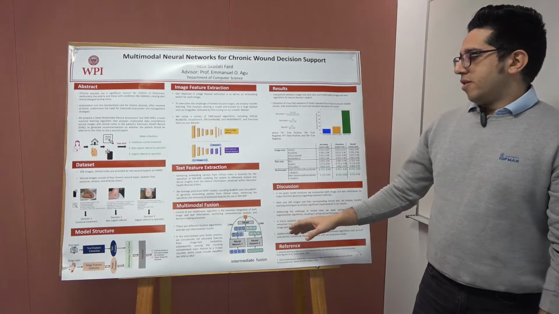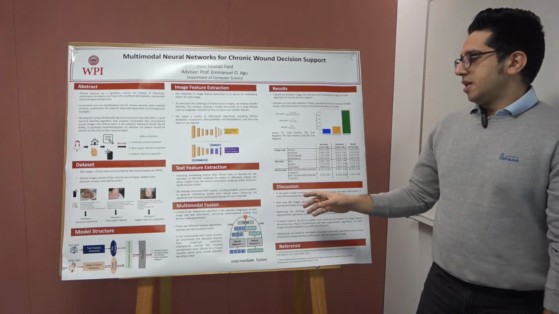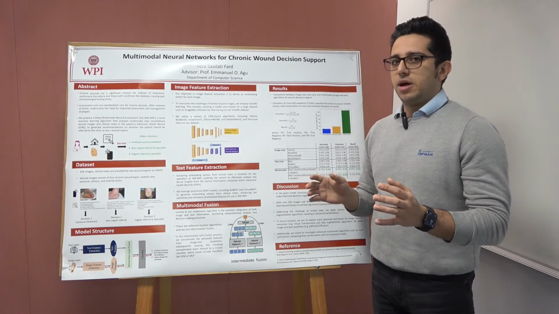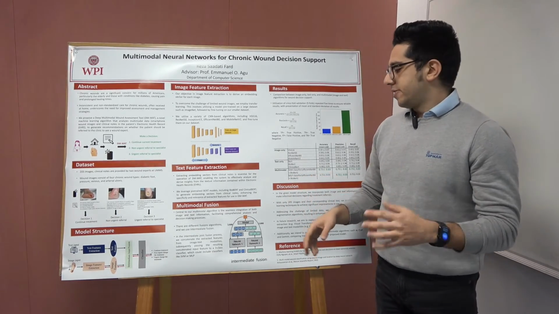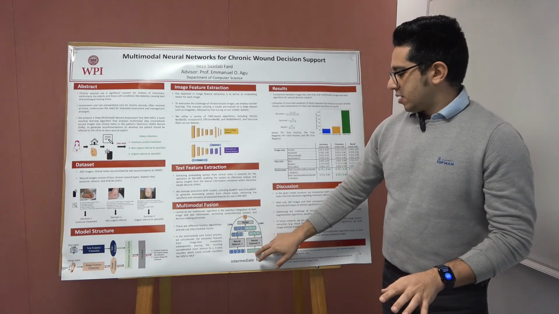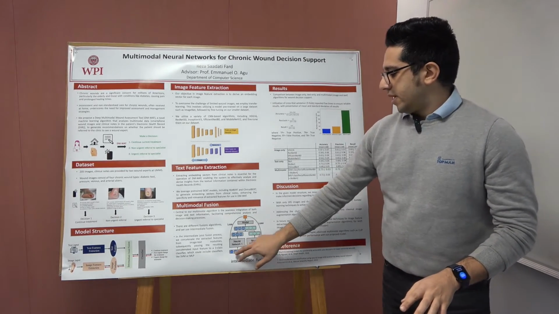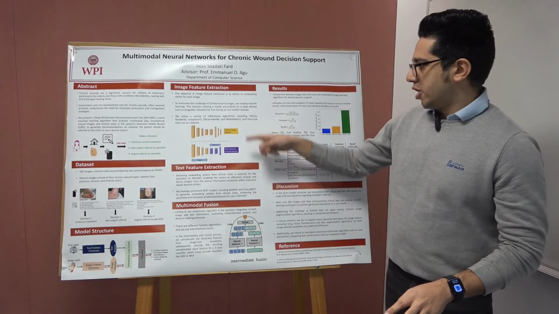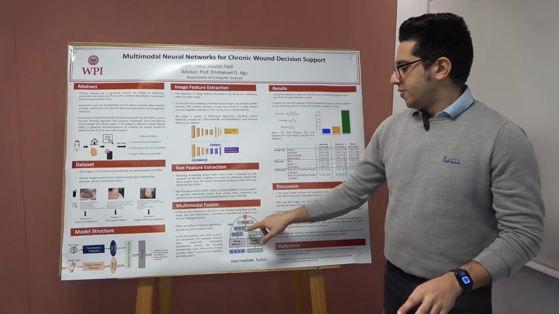The last part, and also the heart of my model, is how we combine text and image features. We use an intermediate fusion model. Assume this is our image, the green one, and the blue one is the text. We pass them to those two models that I described above. Then we have those features.